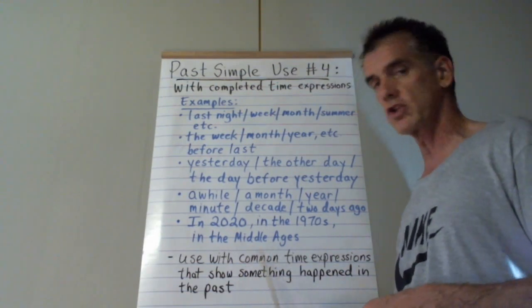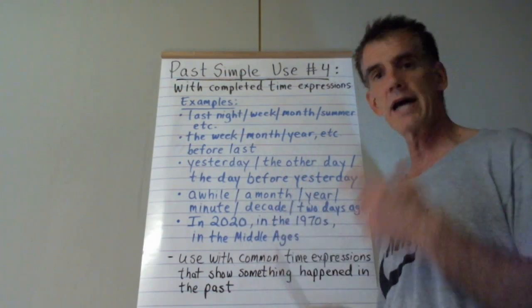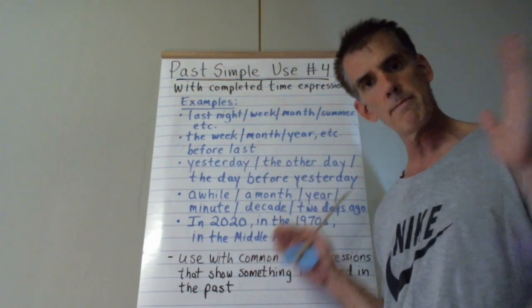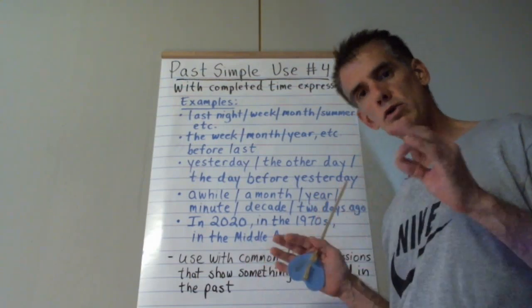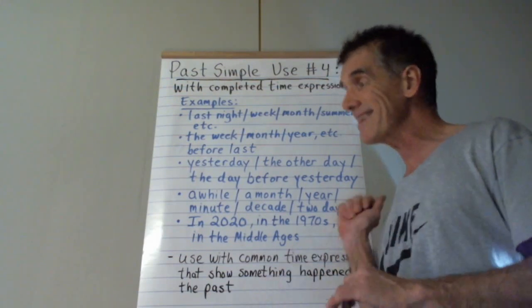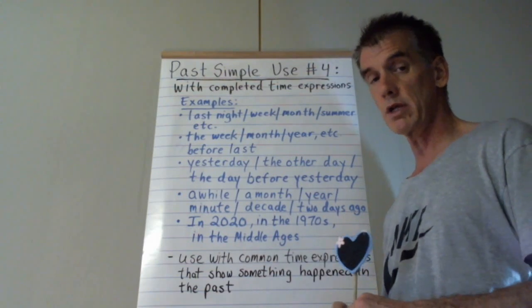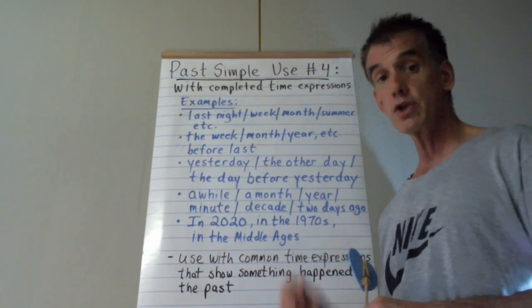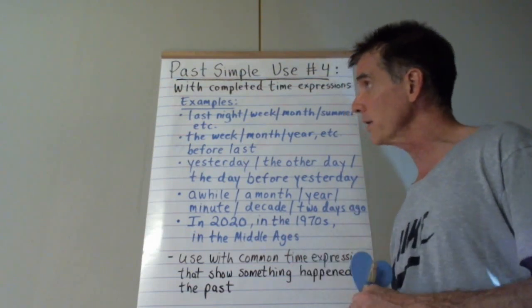Obviously, in the Middle Ages, it's a lot less specific than last night or last month or last year. You're talking about a much smaller time frame, so you're narrowing it down to a more specific time in the past. That is the use of the past simple, or the simple past, depending on how you state it. Use number 4, and I hope that is quite clear.